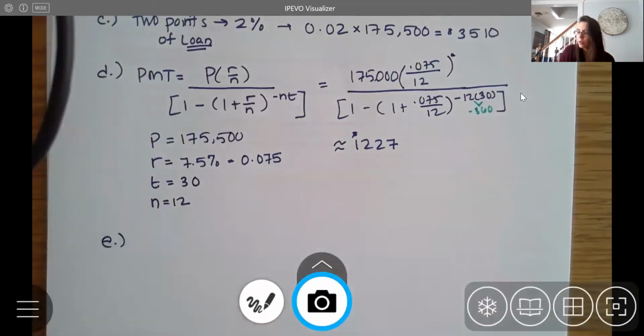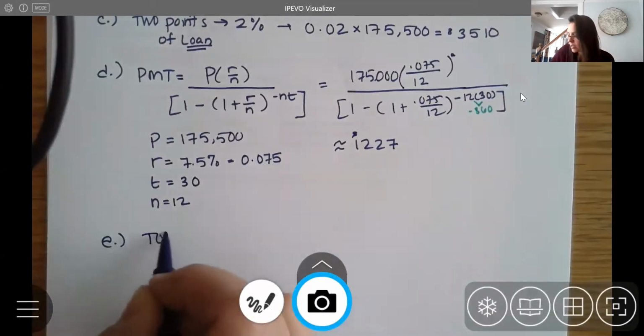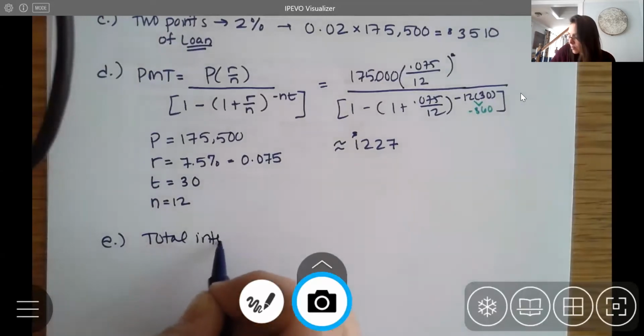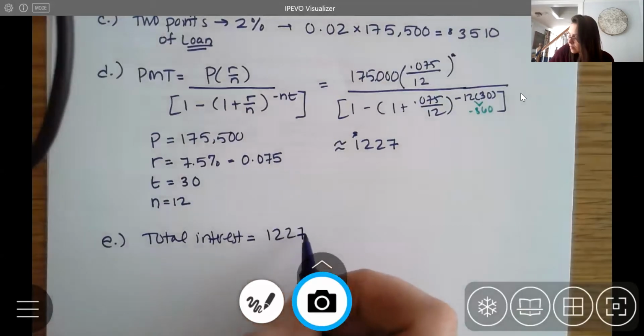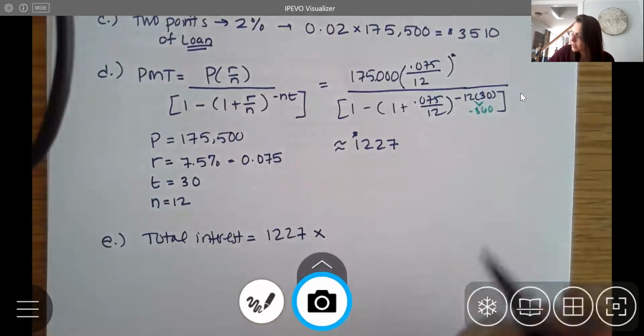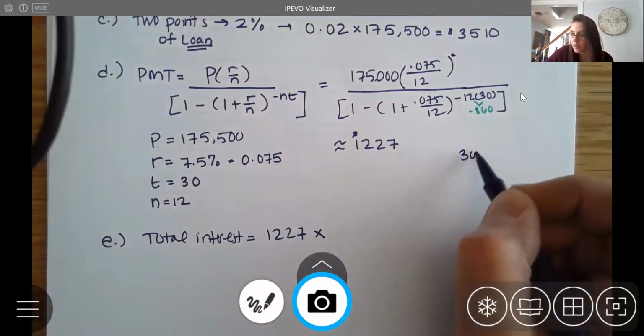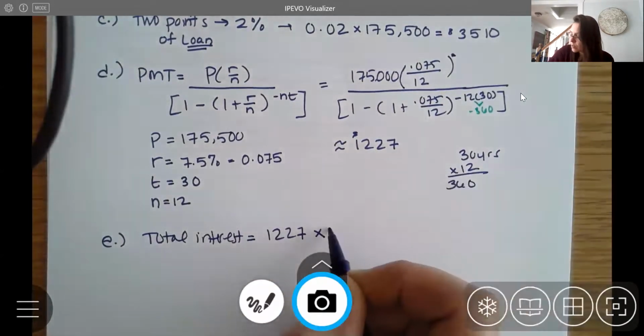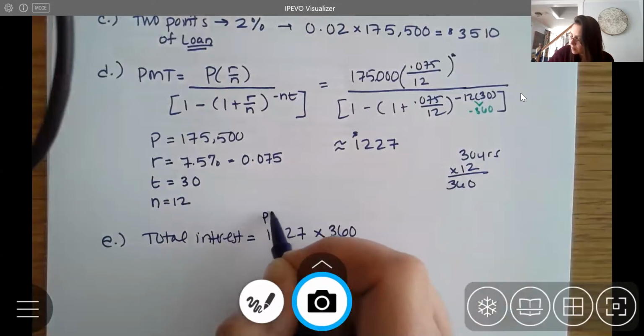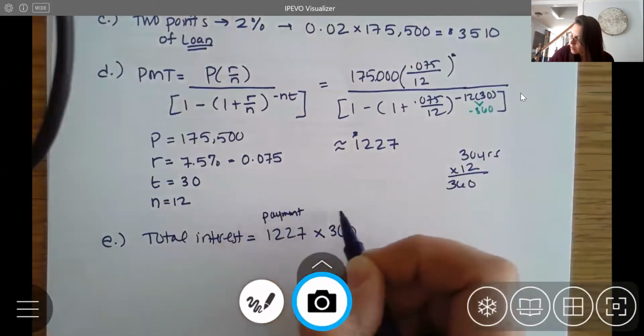All right, so find the total interest paid over 30 years. So what we do is we take our payment times the number of months. So 30 years times 12 months a year is 360 months. So you have the payment, and then you have the number of payments that you're making.